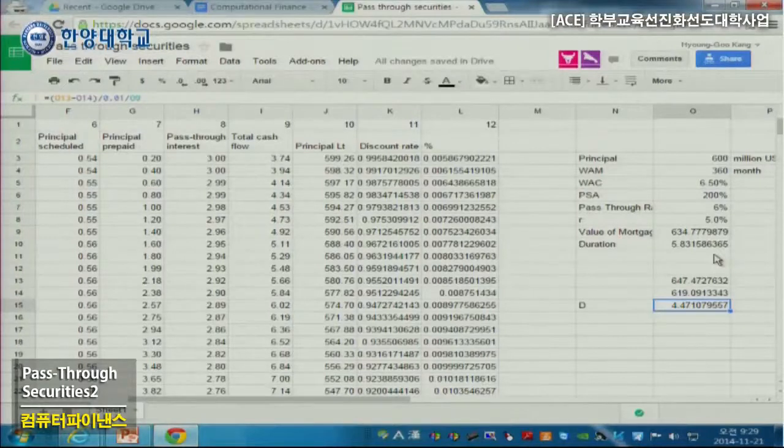Because when interest rate goes down, price should go up, but price shouldn't go up that much. I cannot fully enjoy the benefit of decreased interest rate. Bond price should go up, but then people begin to repay my debt. I don't want them to repay. I want them to hold their debt, but they begin repaying their debt, so I cannot fully enjoy the benefit of interest rate decrease.